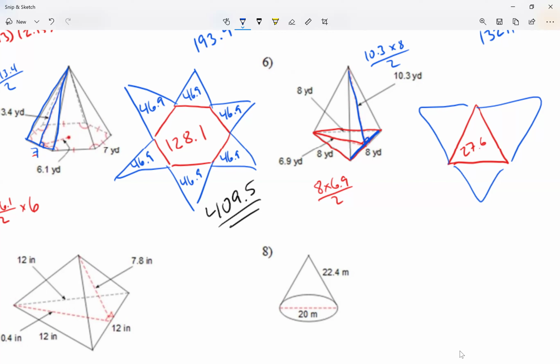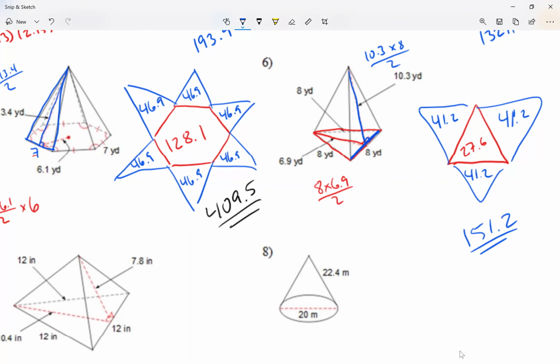That gives me 41.2. So each of my triangles is 41.2, and then the base is 27.6. Add everything, and you should finish with 151.2.